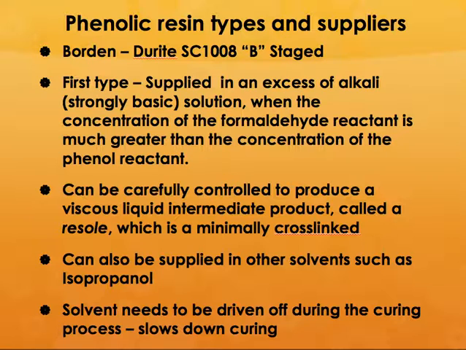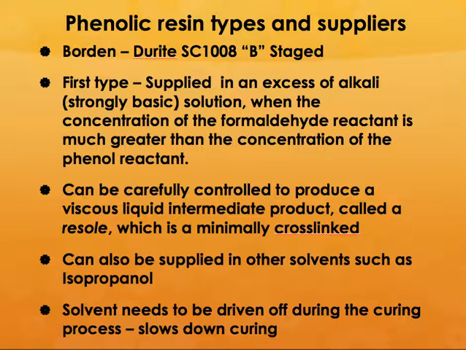And the first stage, the first type is usually supplied in an excess of alkali, or some kind of alcohol, and the concentration of that carrier is usually greater than the concentration of the phenolic reactant.